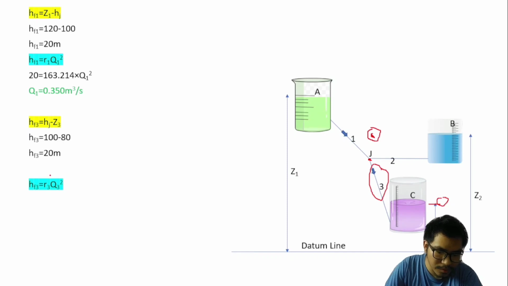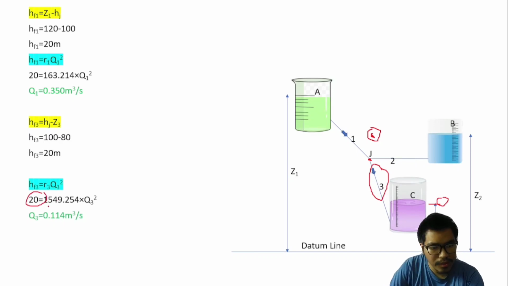By using this formula, HF3 is 20, R3 we have calculated, so we can calculate the value of Q3.